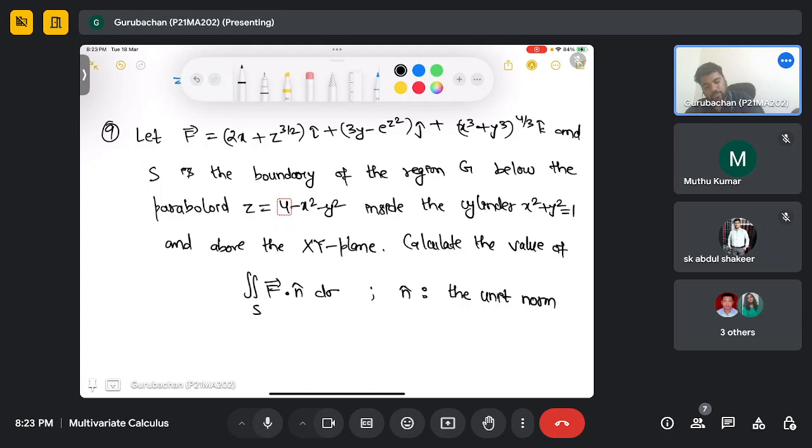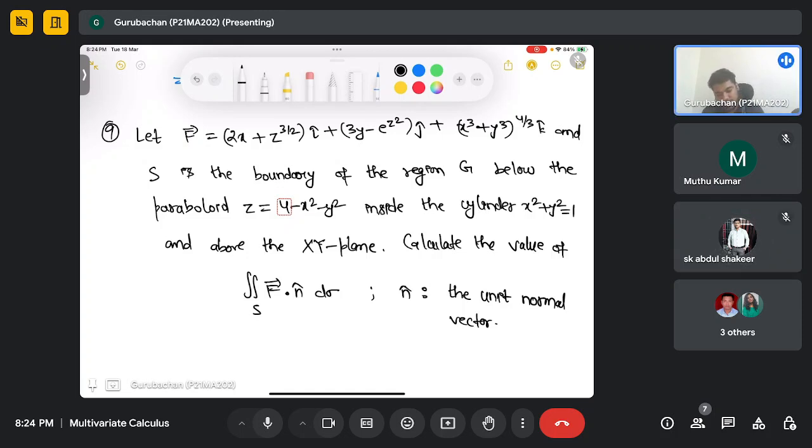First of all, tell me, can we apply Gauss divergence theorem here? Can we apply Gauss divergence theorem in this particular question? Yes, sir, we can apply, sir, because the volume integral can be found here.